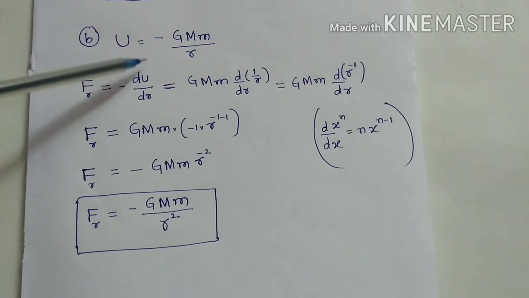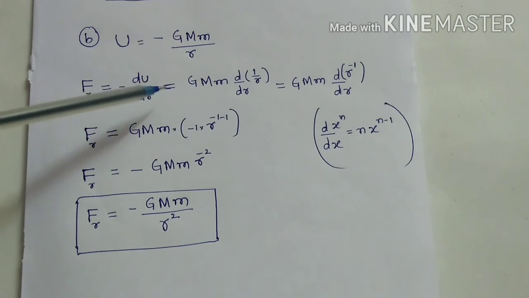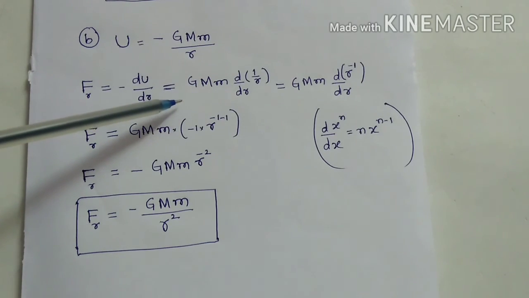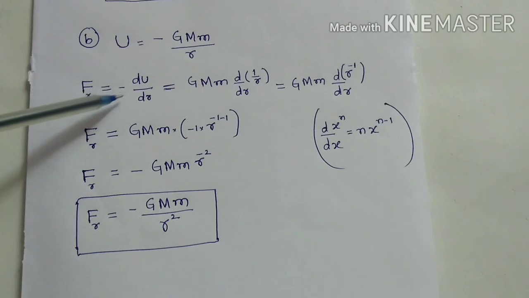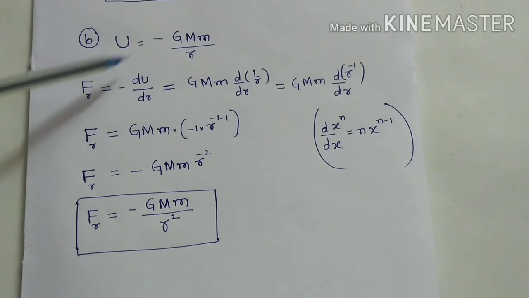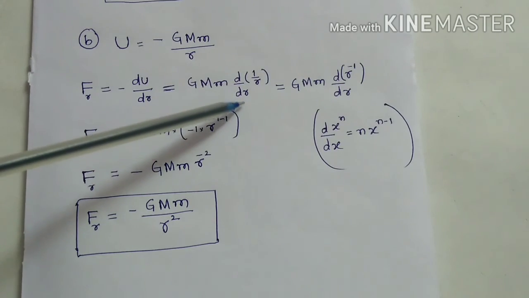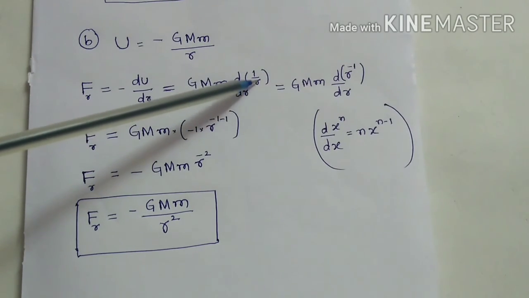Fr equal to minus dU by dr. Simple formula. This G capital M small m is constant. Minus is there here, minus is there here, minus into minus is plus. That is why I am writing plus: G capital M small m d by dr of 1 by r.